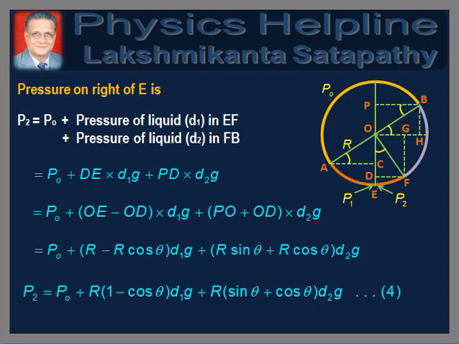Now DE is equal to OE minus OD, which is equal to R minus R cos theta, which is equal to R into (1 minus cos theta), and PD is equal to PO plus OD, which is equal to R sin theta plus R cos theta, which is equal to R into (sin theta plus cos theta). Putting these values, we get P2 equal to P0 plus R into (1 minus cos theta) into D1 g plus R into (sin theta plus cos theta) into D2 g.